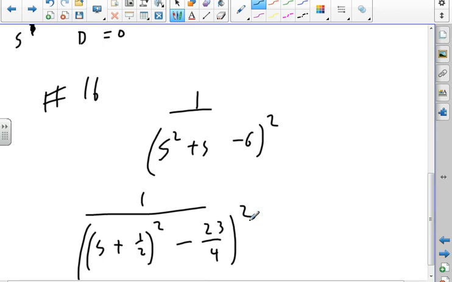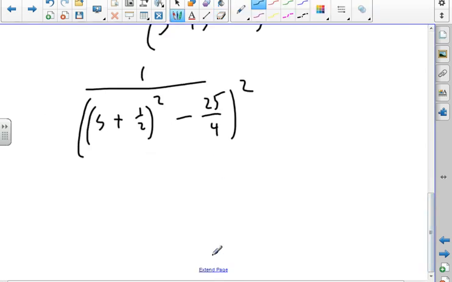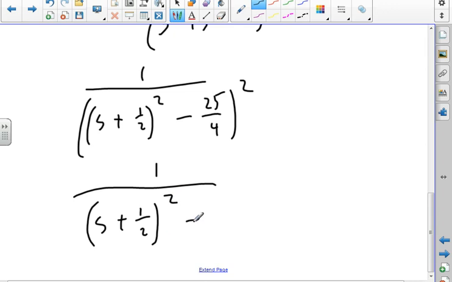Did I do that right? Want to do 25 for us? Yeah, I think so. That'd be a better answer. 25 fourths. Why is 25 fourths better? Oh, that's much better. Okay, so now I've got 1 over (s plus 1)(s minus 5 halves), the quantity squared.